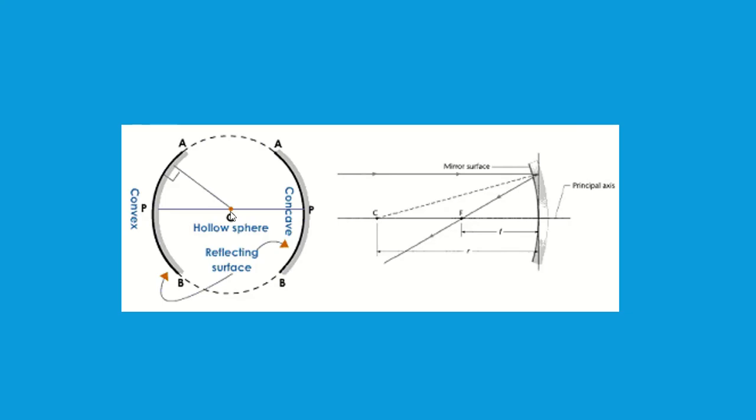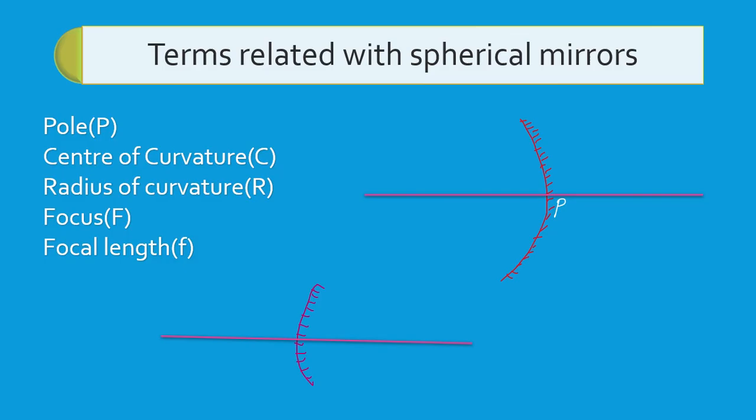That sphere has a center, which is called the center of curvature, represented by C. So the center of curvature means the center of the sphere of which the mirror is a part.